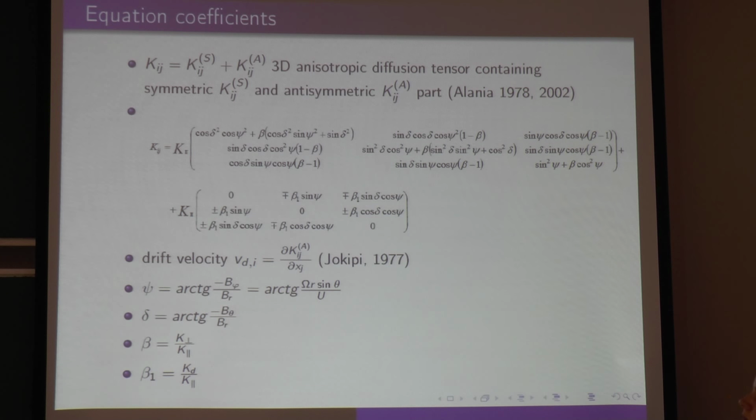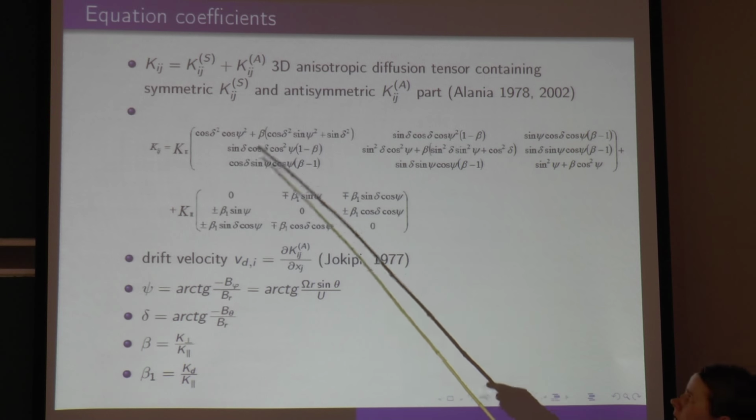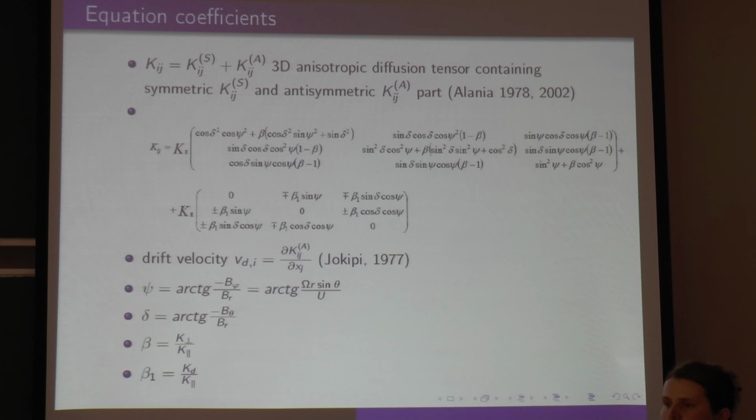So it is some kind of rotation in the space, and we obtain this very complex diffusion coefficient. Because of the rotation? Yes, because of the rotation. These are like Euler angles? Yes, this is two rotations, and we have the diffusion tensor in the heliocentric coordinate system.